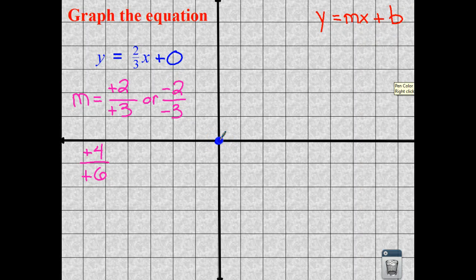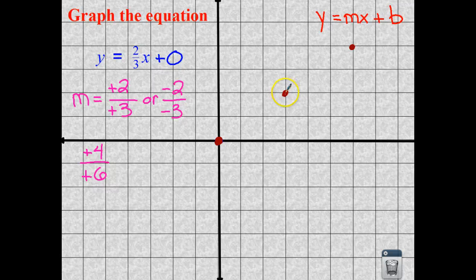Again, you can go on, and all of those fractions would be getting you points on your line. And let's go find all those other points. So we start at the origin, and according to the first fraction, it says rise 2, run 3. So follow my cursor, rise 2, run to the right, because it's positive, 3. From my new point, I could go again with the slope of rise 2, run 3. Now I'm running out of room in my upper right quadrant.